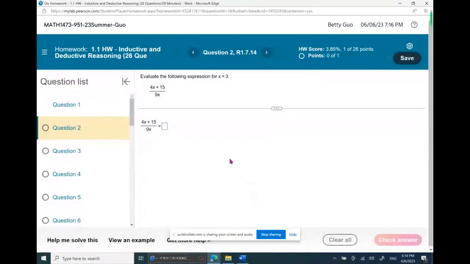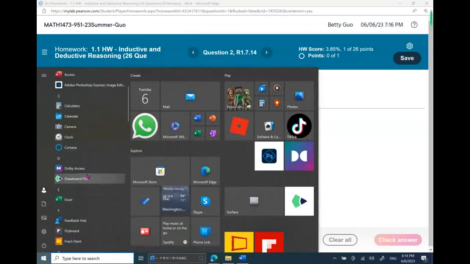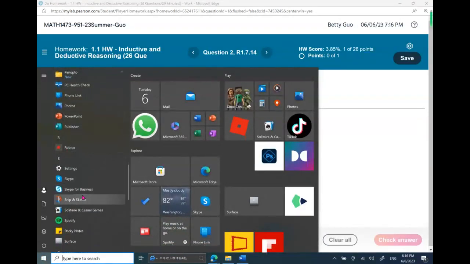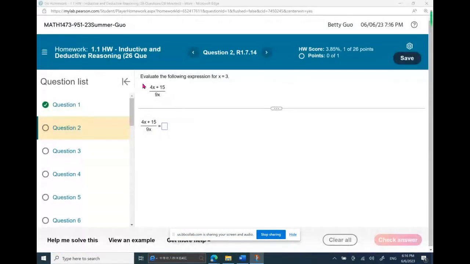Okay. Evaluate the following expression for x equals 3. I'm going to do that question on my note. I think because we have so many windows open and also so many people, it is pretty slow, to be honest.